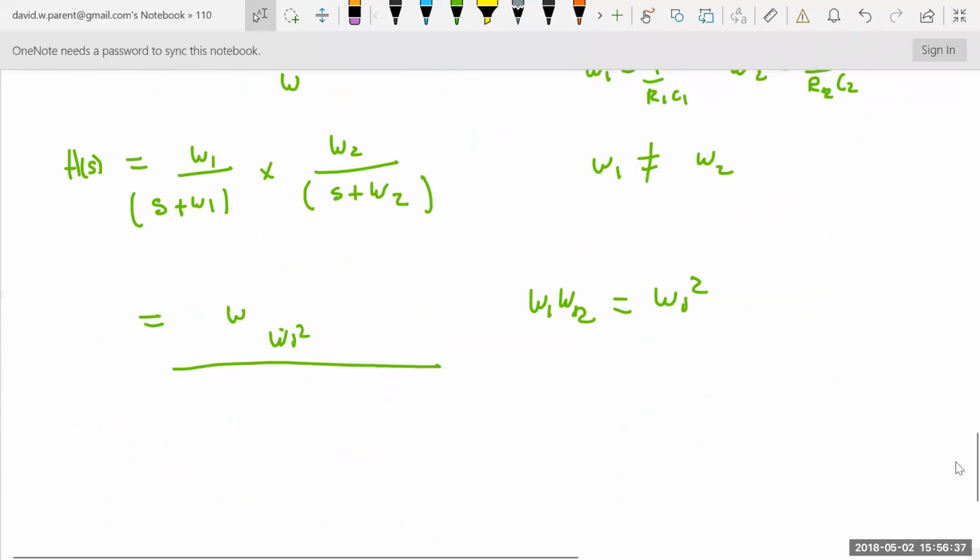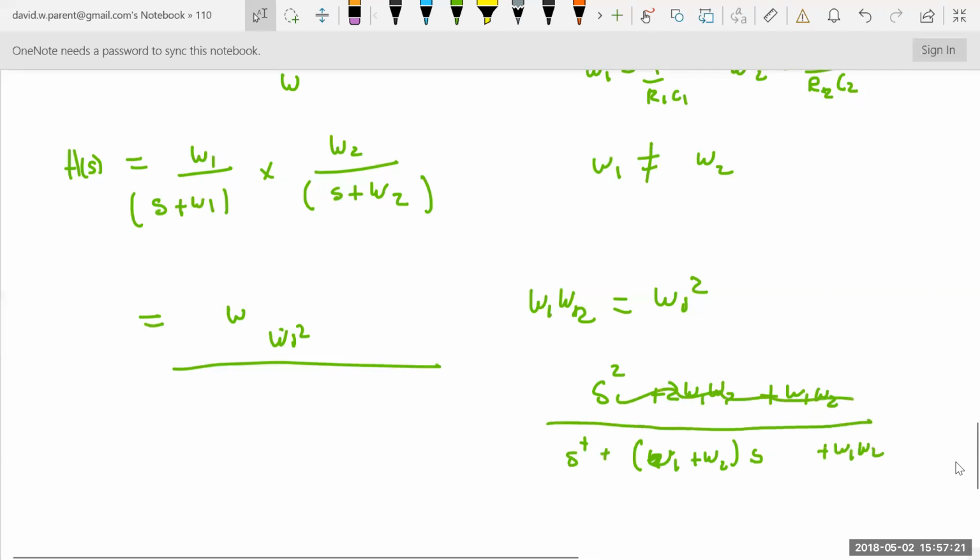So I can just put omega naught squared there. Then, right, I have s squared plus omega 1 plus omega 2 times s plus omega 1 omega 2.